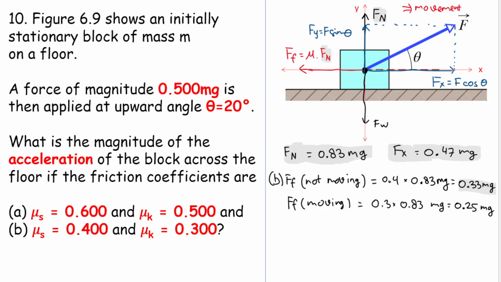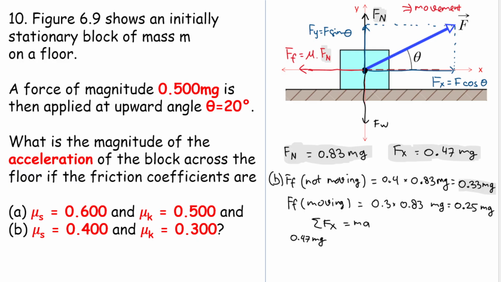So we will have to use Newton's second law here. Sigma Fx is equal to mass times acceleration. Good. On the right hand side, I will have Fx here, and Fx is 0.47 mg.